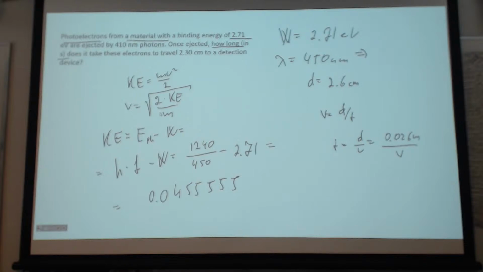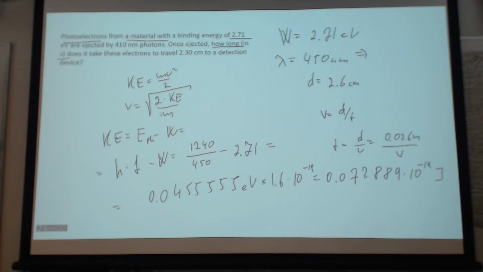So keep as many digits as possible in electron volts. And now we need to convert it, which you multiply by 1.6 times 10 to the negative 19. So that's going to be 0.0728889 times 10 to the negative 19 joules.